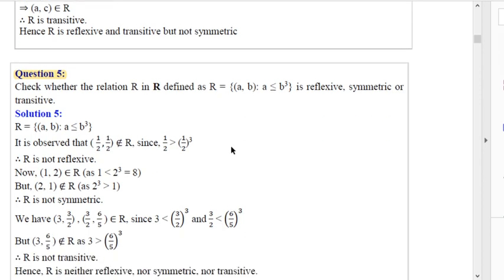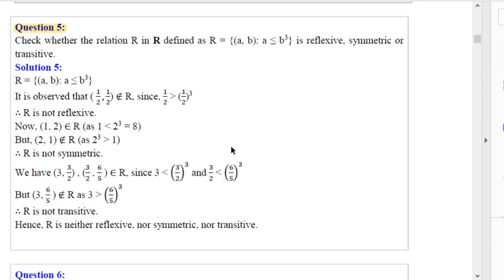Next question number 5. Check whether the relation R in R defined as A comma B is less than or equal to B cube is reflexive, symmetric, or transitive. Here it is written less than or equal to, and the power is 3, which carries only a single power.